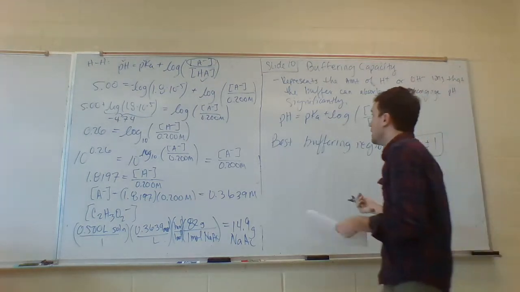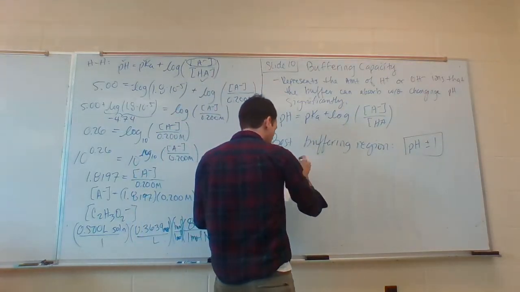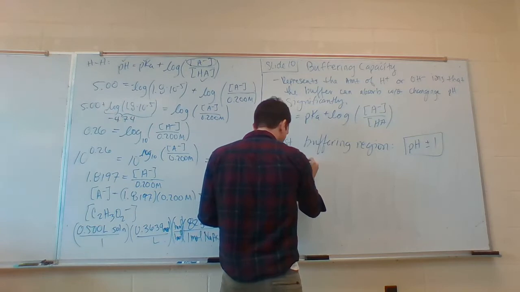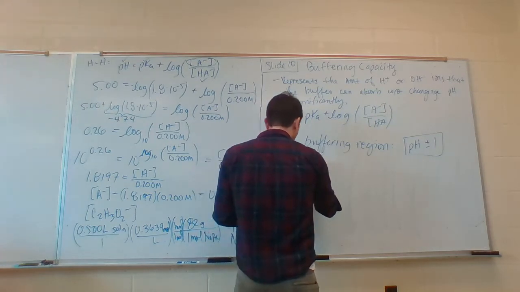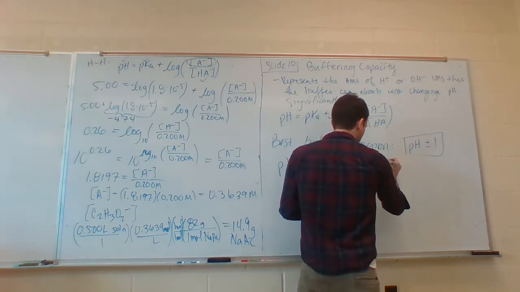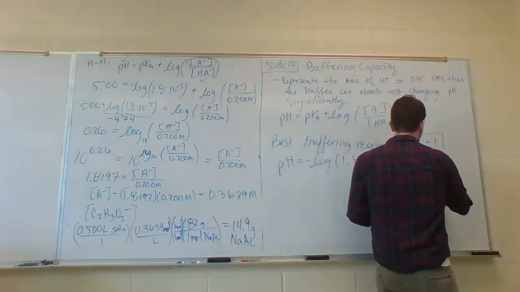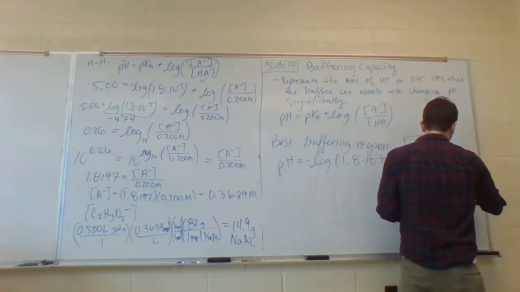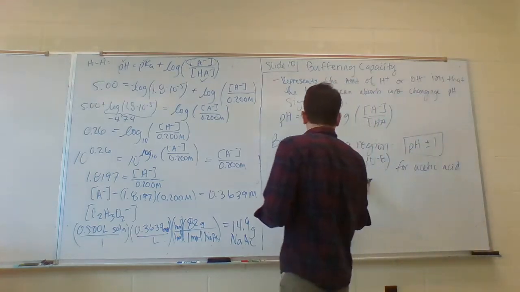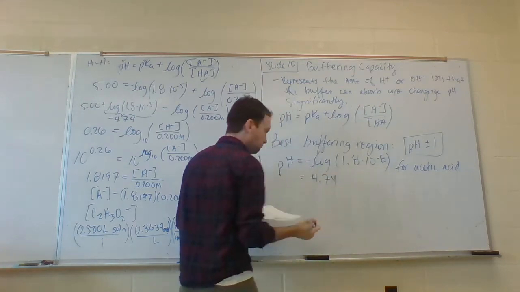So that means that our buffering capacity, let's say we had that our pH was equal to the negative log of 1.8 times 10 to the negative fifth, right? That's for acetic acid. Let's say we got our pH was equal to 4.74, okay?